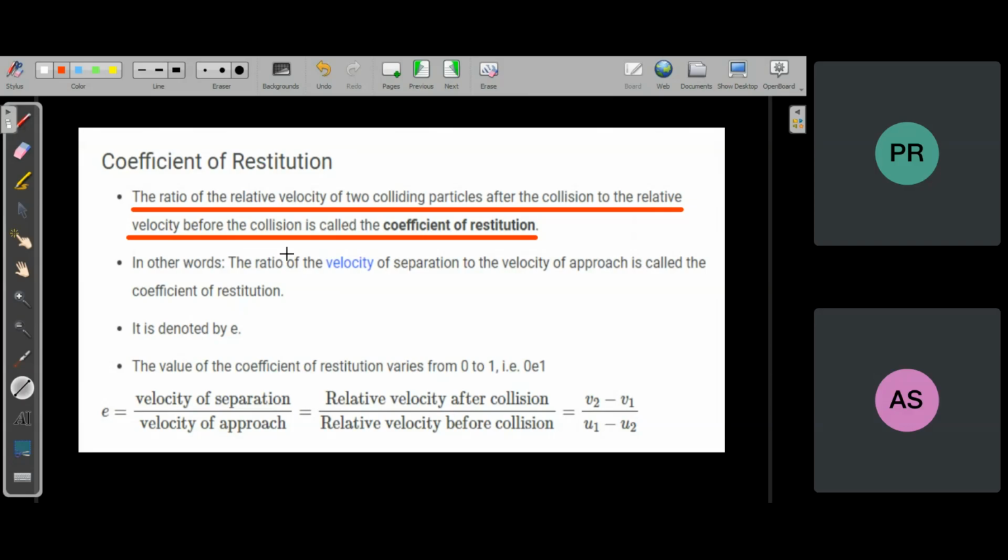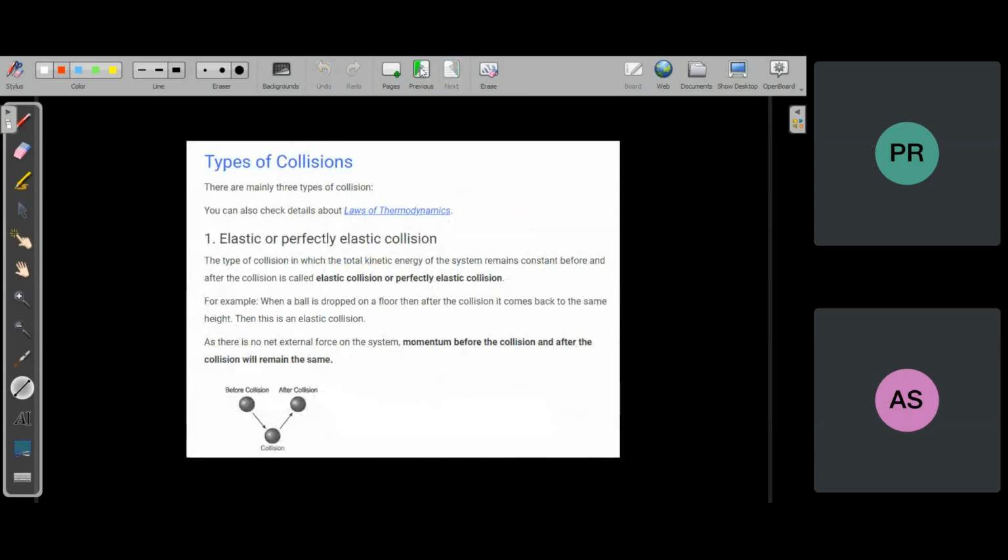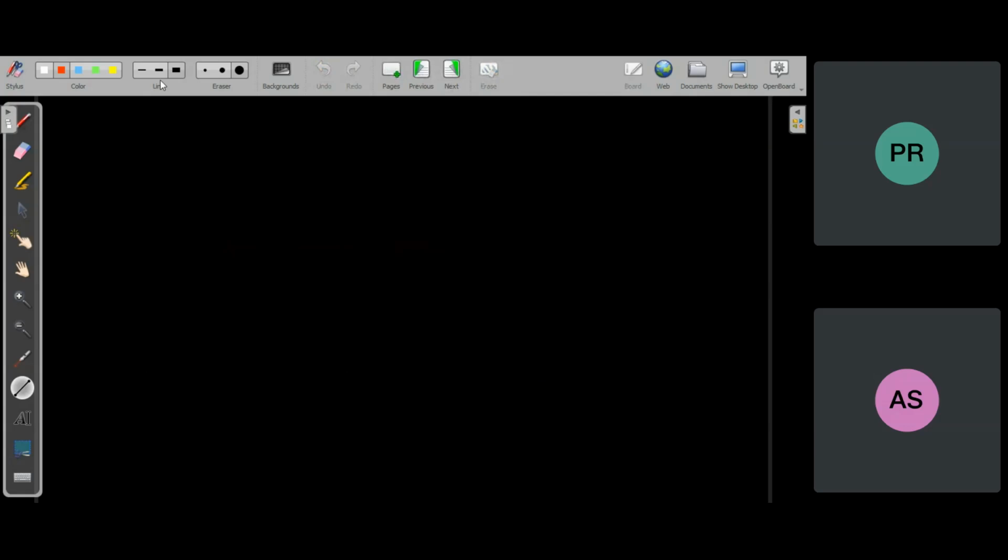Suppose these are the two particles, this is the first particle and this is the second particle, and this is the situation before the collision. After the collision, again this is my first particle and this is my second particle.